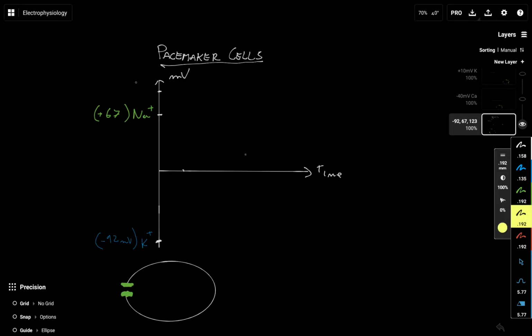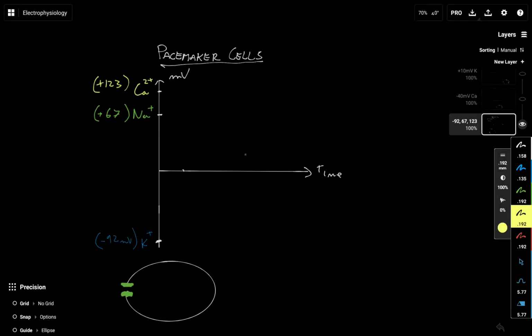And last, but certainly not least, calcium, Ca 2 plus, at plus 123 millivolts, a very positive ion, and it wants to push my cell as high up, as close as possible to 123 millivolts as it can.